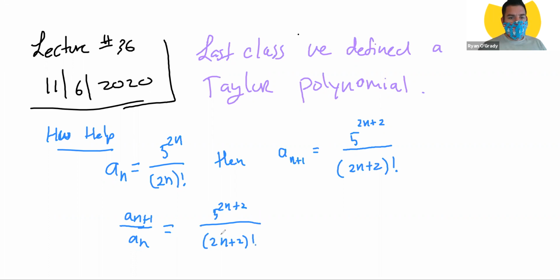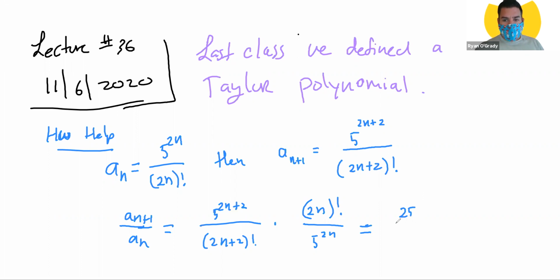Dividing by a sub n is the same as multiplying by the reciprocal, correct? So the reciprocal is 2n quantity factorial over 5 to the 2n. This simplifies differently than how we talked about before. First off, the 2n's cancel, so you're left with a 25 here.